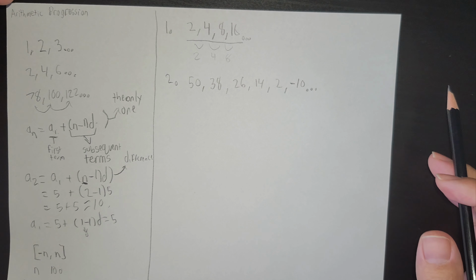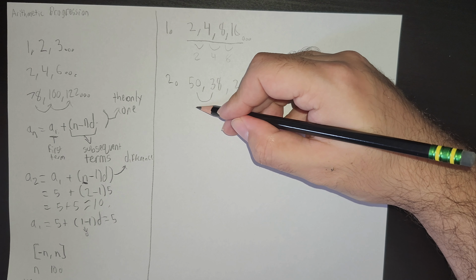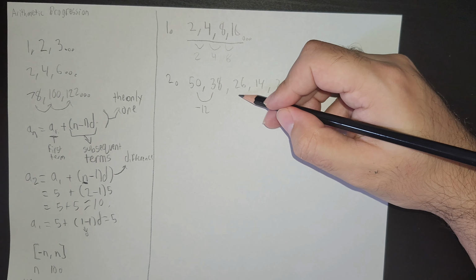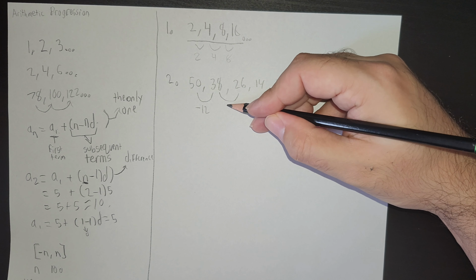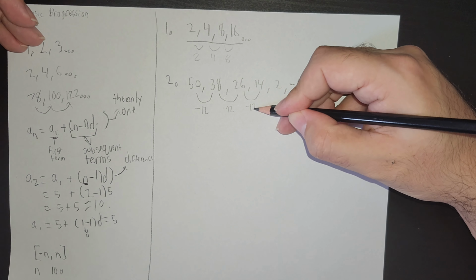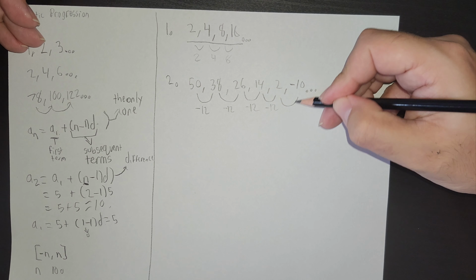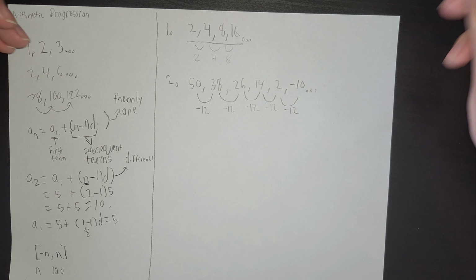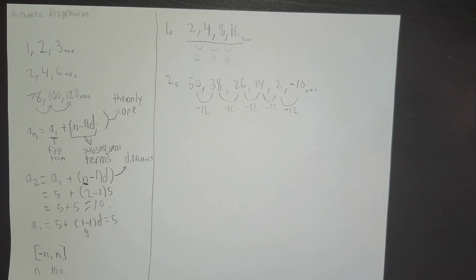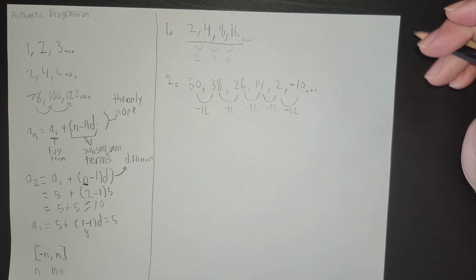Yes, it does. What's this step? That step's -12. What's this step? -12, -12, -12, -12. Is this an arithmetic progression? Yes. Okay. So that makes sense.